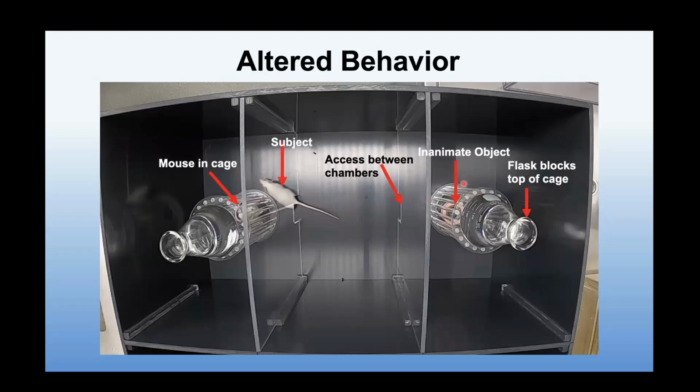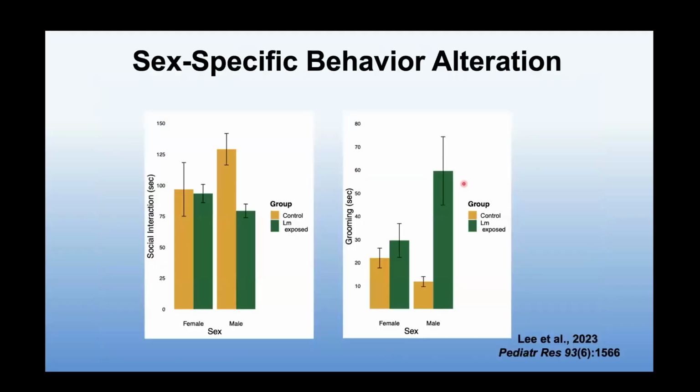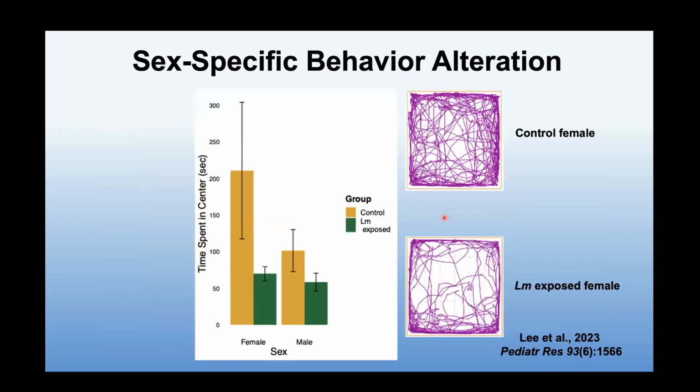And so we can measure that, and we measure some other behavioral effects of these changes, and we see that they're sex specific. So the alteration is sex specific. We see social interaction is affected by listeria exposure in males, but not in females. And we also see the grooming is highly elevated, and this is a sign of repetitive motion in males, but not in females.